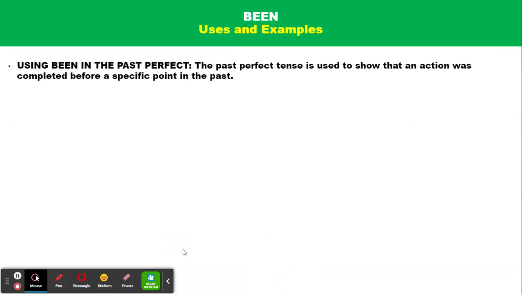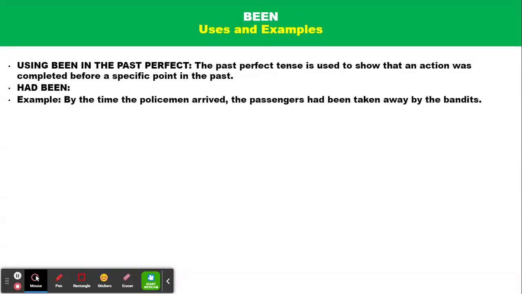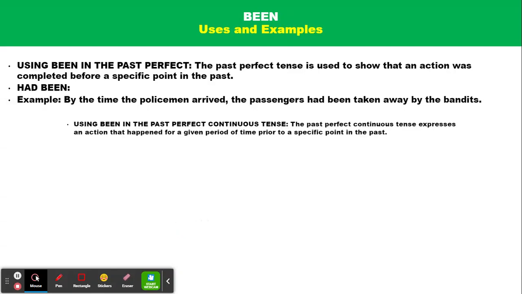Let's move on to more uses and examples of been. We want to look at using been in the past perfect. The past perfect tense is used to show that an action was completed before a specific point in the past, and the form we use is had been. Example: by the time the policemen arrived, the passengers had been taken away by the bandits.